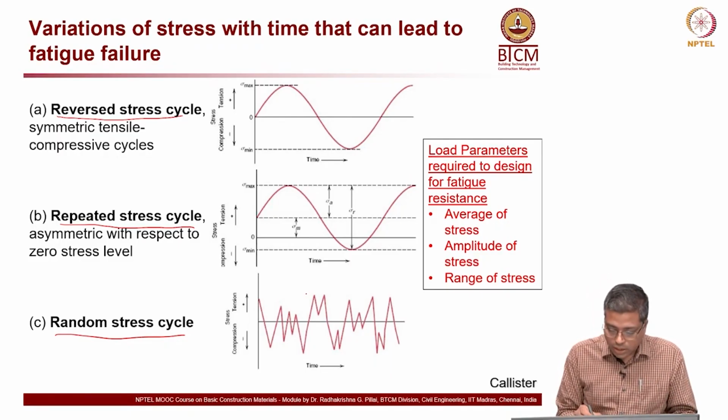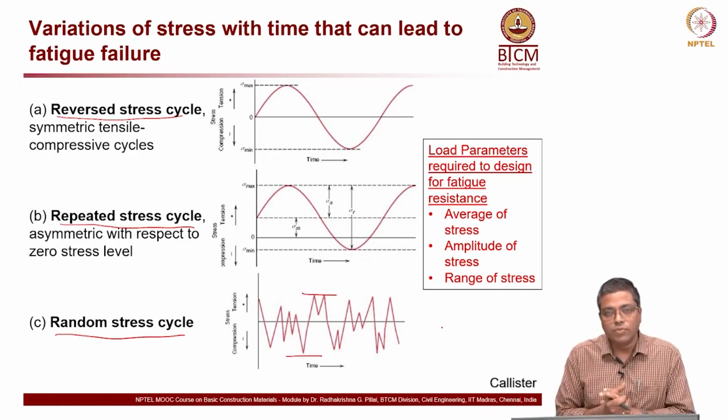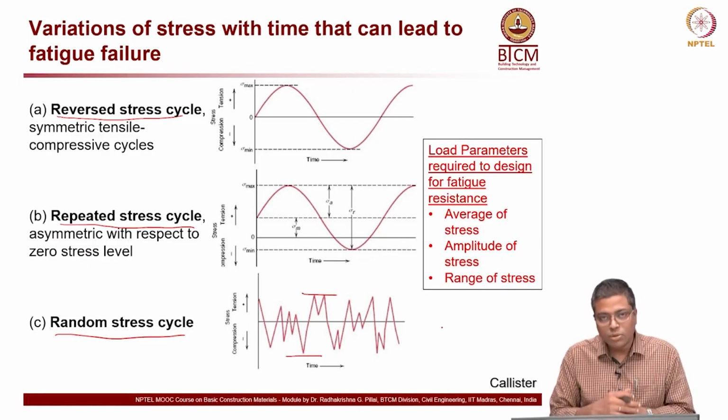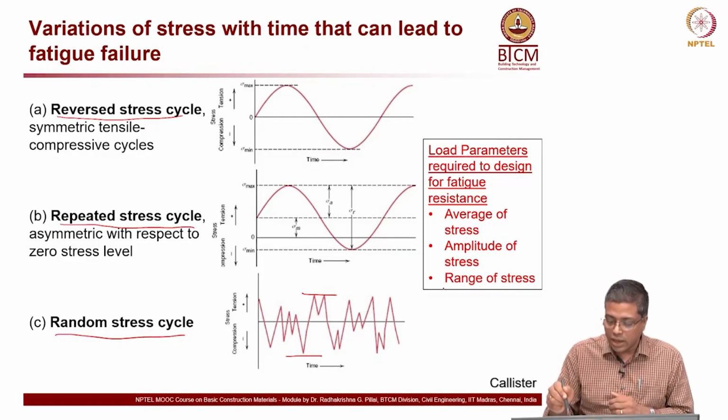So, you can say this will give me the range of the load here, and if I am able to model this load pattern and fit it to some kind of equation, then the corresponding three terms, the average, the amplitude and the range of stress, can be used.